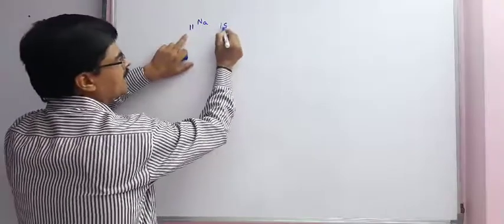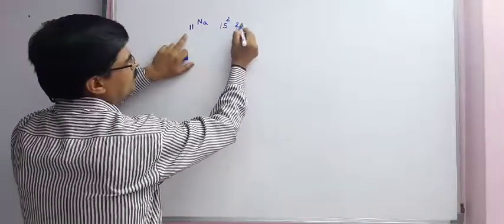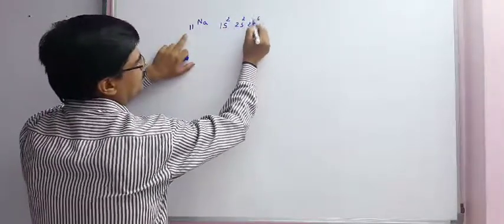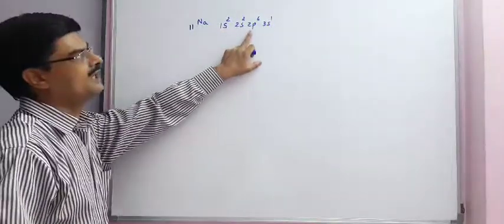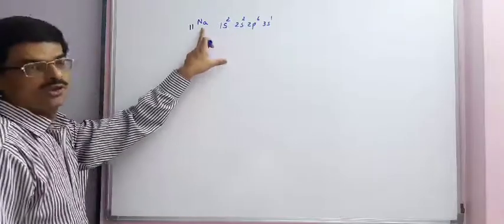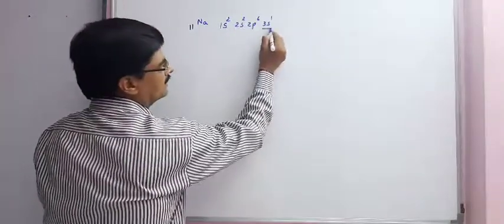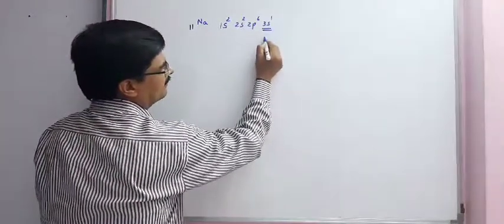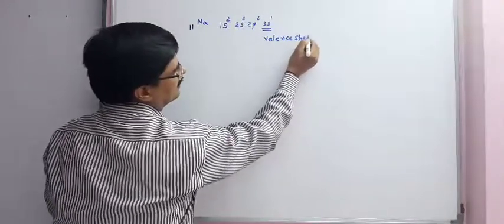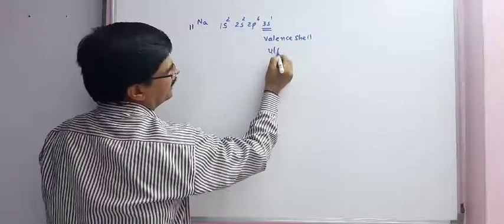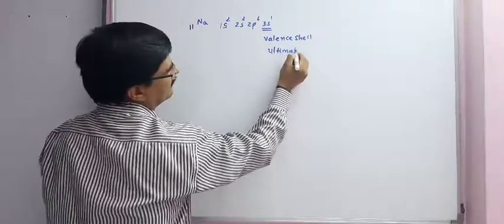We can write the electronic configuration 1s2, 2s2, 2p6 and 3s1. So this is the electronic configuration of sodium. Here, this is known as valence shell, or it is known as ultimate shell.